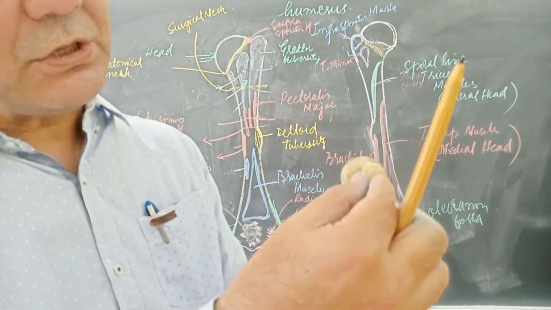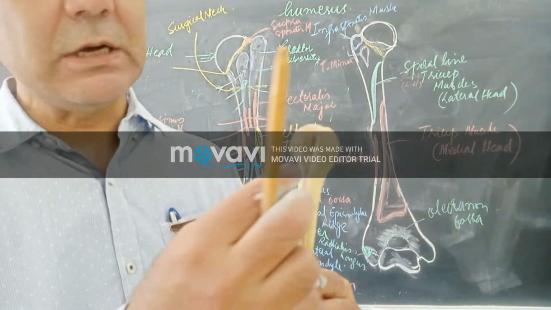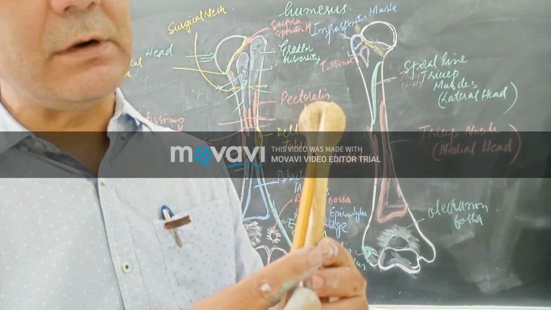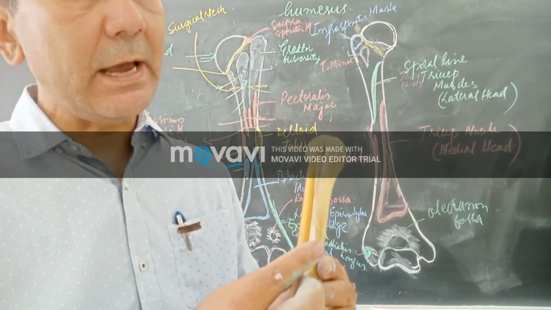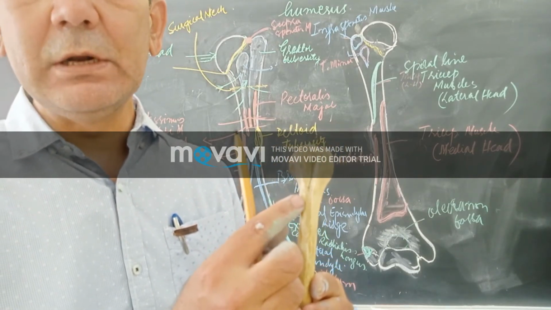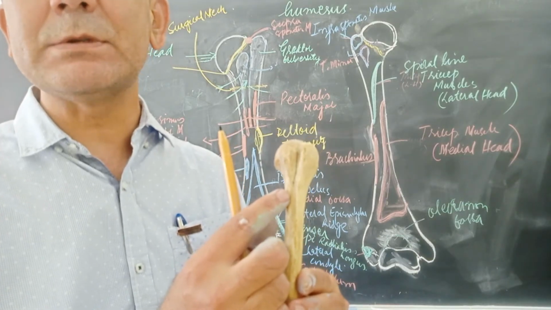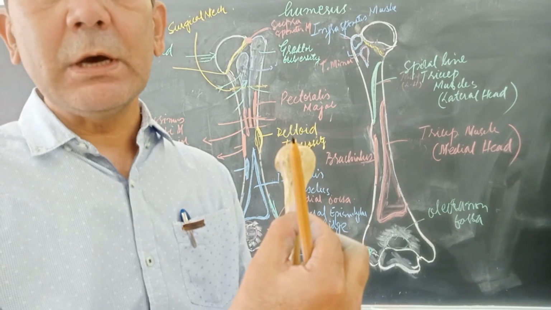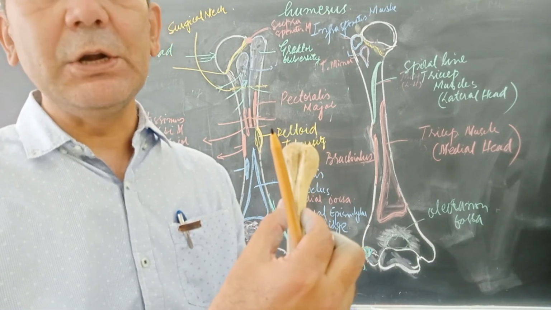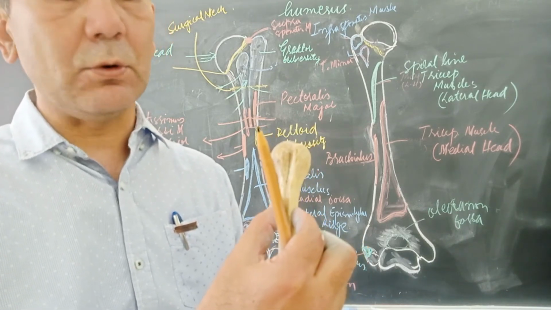Now the intertubercular groove has two lips: the lateral lip of the intertubercular sulcus and the medial lip of the intertubercular sulcus over here.